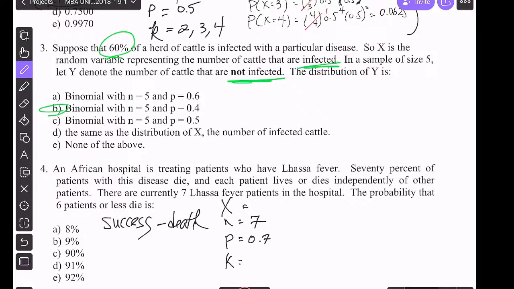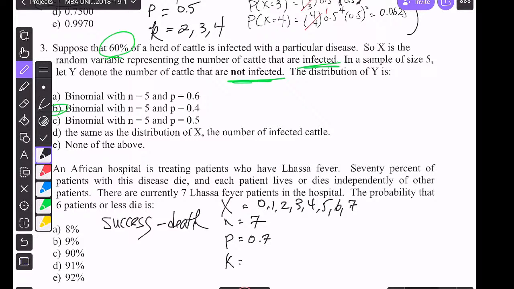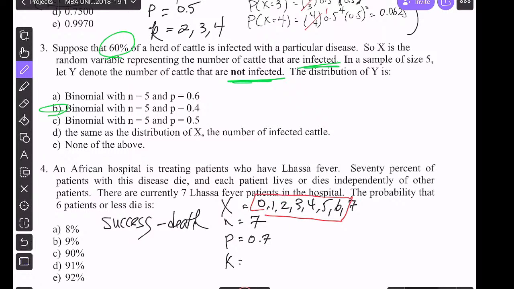Well, X could be 0, 1, 2, 3, 4, 5, 6, 7. This is helpful when you list it. The chance that 6 or less die would be all of those.